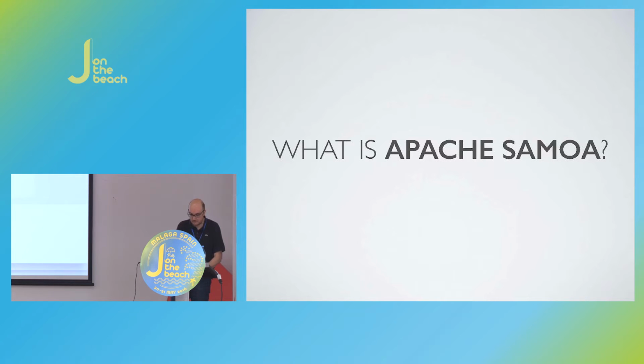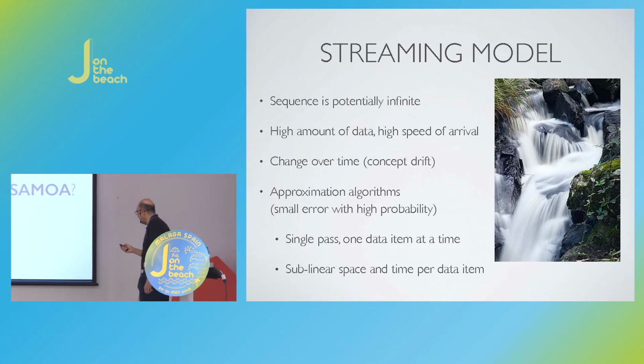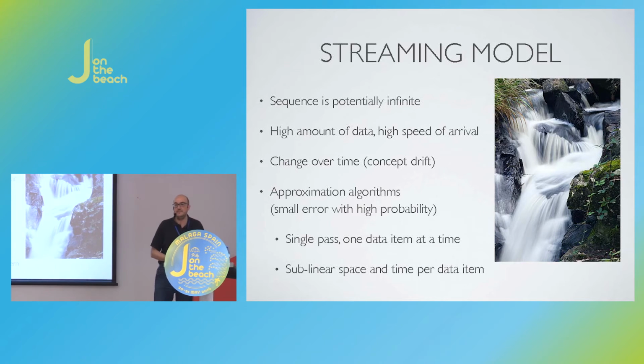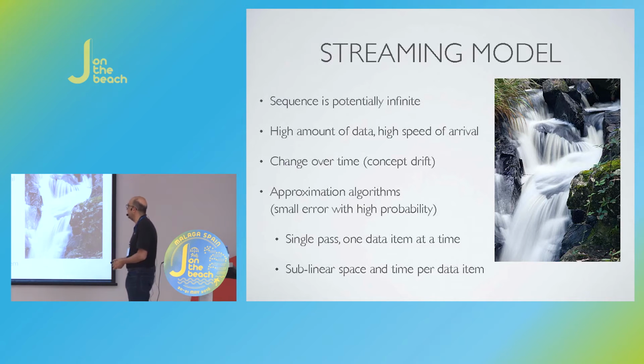So now let's move to SAMOA. The idea of SAMOA is that MOA is only working for one machine, and at Yahoo there was a need to do that using many machines and using the Hadoop ecosystem. So this is why we started this project. The idea is the same. We are going to have all this data that is arriving continuously.